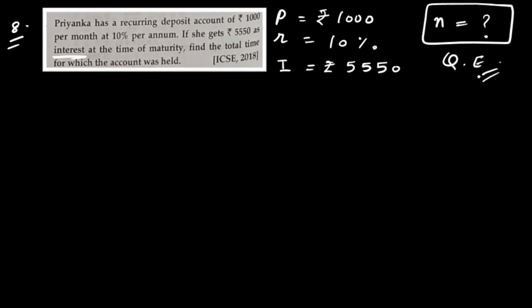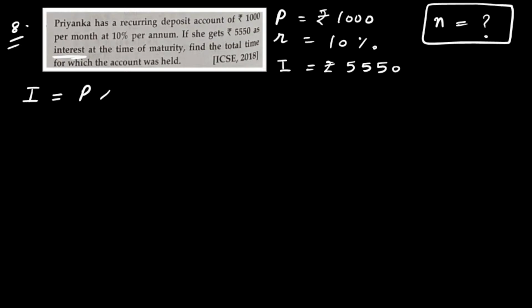Other than finding P, R, or MV, this question is always a little challenging because the quadratic equation should be correct. So let's start solving. Here I is given to us. Where MV is given to us, there we might get a quadratic equation. Since I is given, let's use the formula of I.